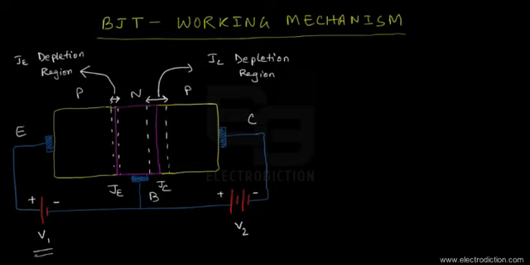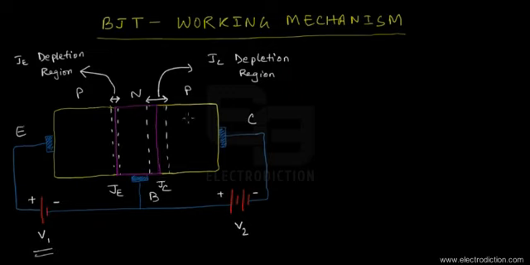The width of the depletion region across the emitter junction is significantly decreased. And by connecting this voltage source V2 that reverse biases the collector base junction, we increased the amount of reverse bias across the collector junction.